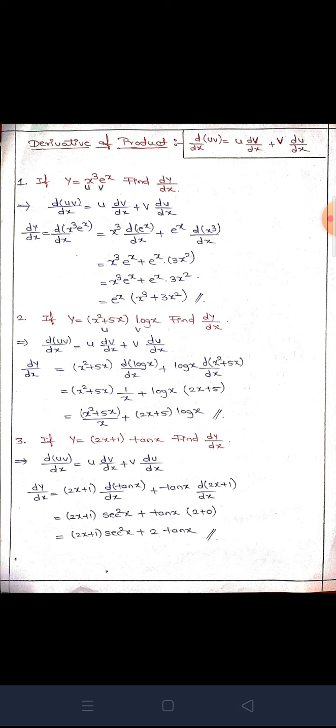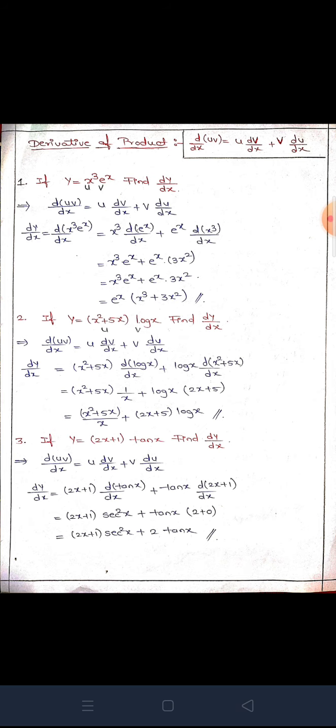Differentiation of log x is 1 upon x, plus log x constant, differentiation of x square plus 5x is 2x plus 5. Then just simplify it: x square plus 5x divided by x, plus 2x plus 5 into log x. This is the answer. Then last one.